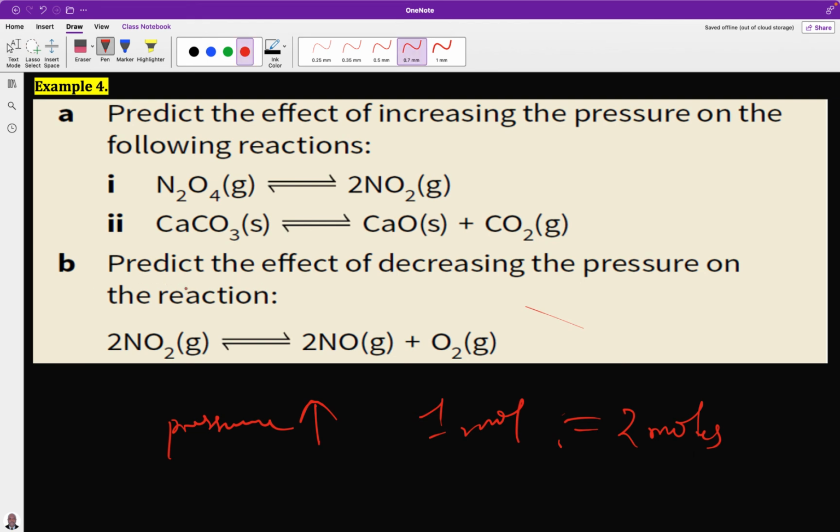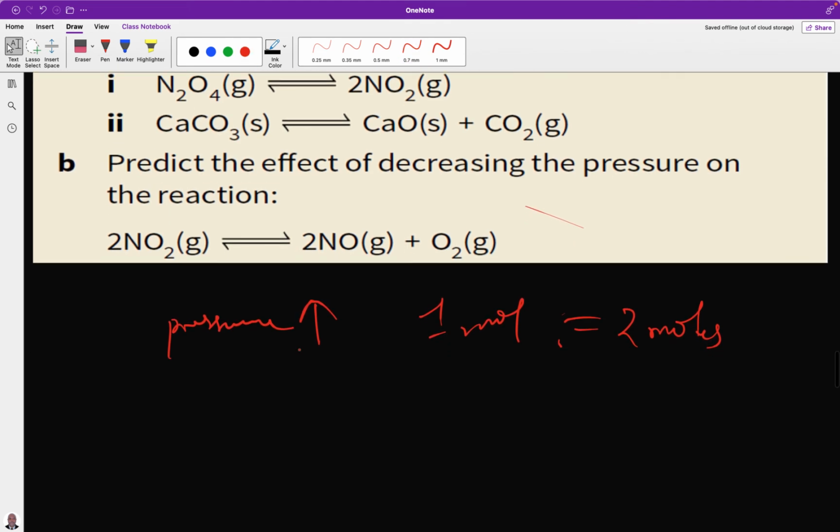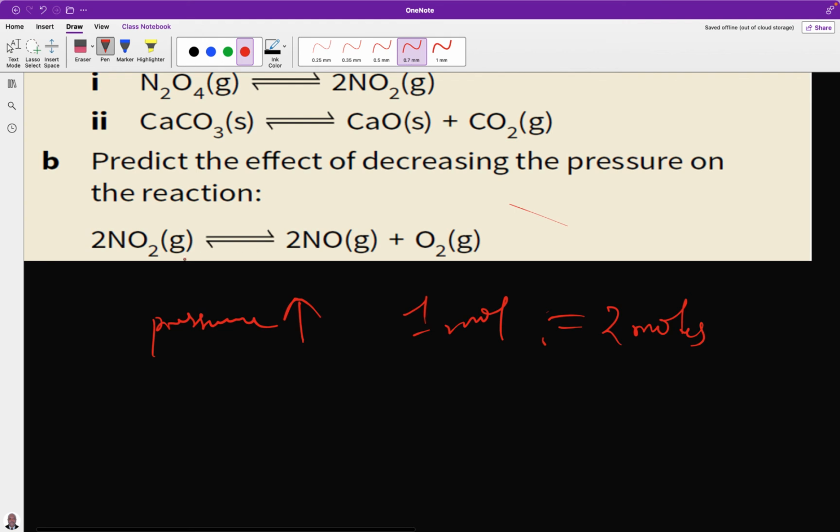Okay, predict the effect of decreasing the pressure on the reaction below. On this other reaction here, 2NO2 to 2NO and O2.